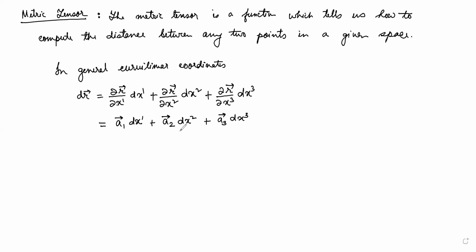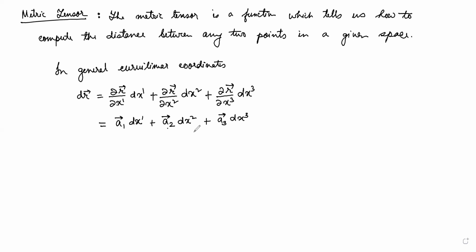And this a1 vector, a2 vector, a3 vector, these are the basis vectors. a1 vector is a basis vector along the direction of the x¹ axis. a2 vector is a basis vector along the x² axis. a3 vector is a basis vector tangent to the x³ axis.